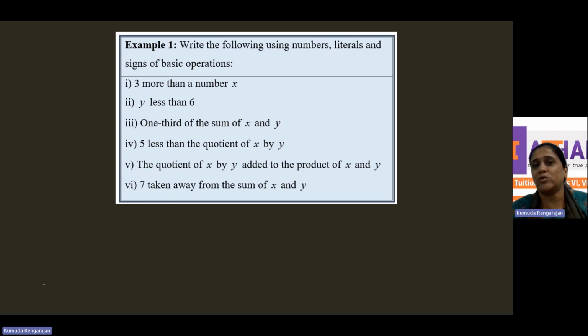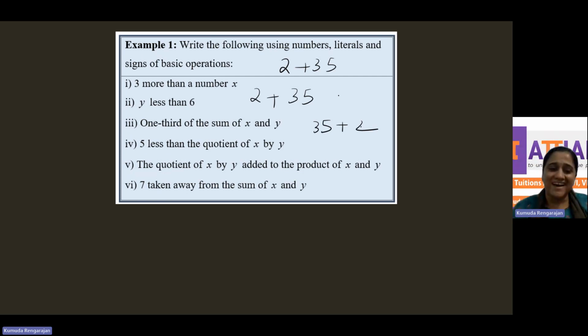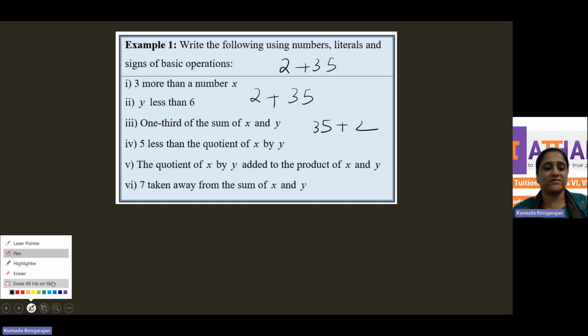It makes a difference, right? You will not say, I got 35 marks, but the totaling was incorrect, so the teacher gave me 2 more marks, and now I got 2 plus 35. You will say, now I have 35 plus 2. 2 plus 35 means you got only 2 marks and the teacher has given you 35 more marks. So that's important.